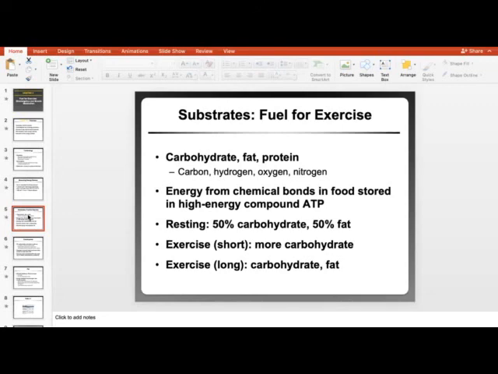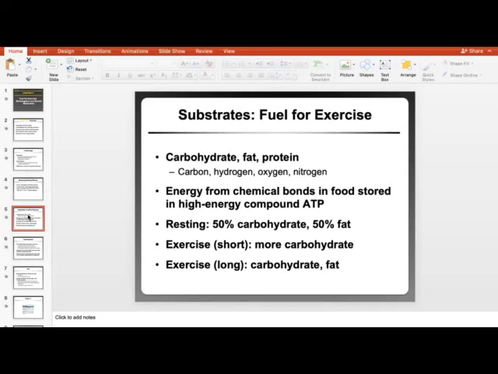All right, when you're resting, you're using about 50% carbohydrate and 50% fat. Carbohydrate is fuel, and when you're resting, you're not spending a lot of calories anyway. So your body doesn't mind using fat as fuel because you're not going to really waste away all of the fat stores at rest.